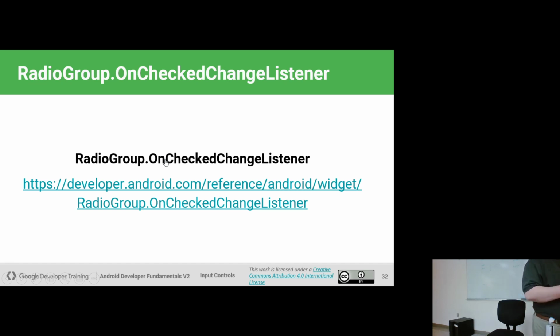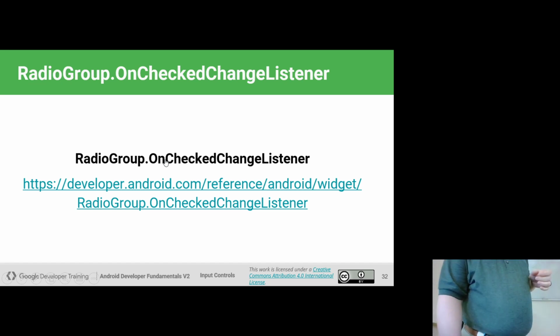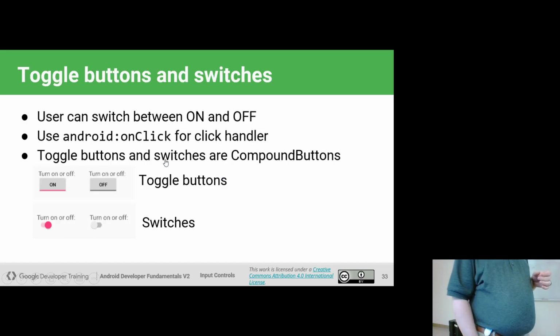Similar to how a compound button listener goes on a single control, I can put this listener on the actual group of radio buttons, and then it will send me an event any time one of those radio buttons is picked. That make sense? So let's say I have 5 options, I don't have to hook up 5 listeners, I hook up 1. Just 1 listener to the radio group, and it'll tell me the new value is this one. So that's generally how I'd recommend listening for events with radio buttons.